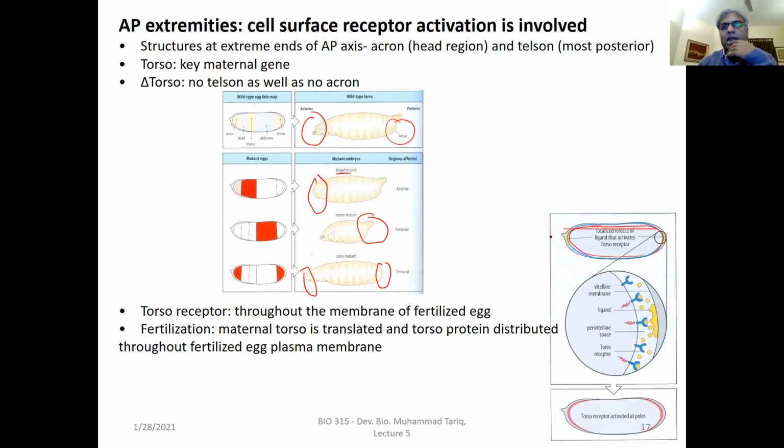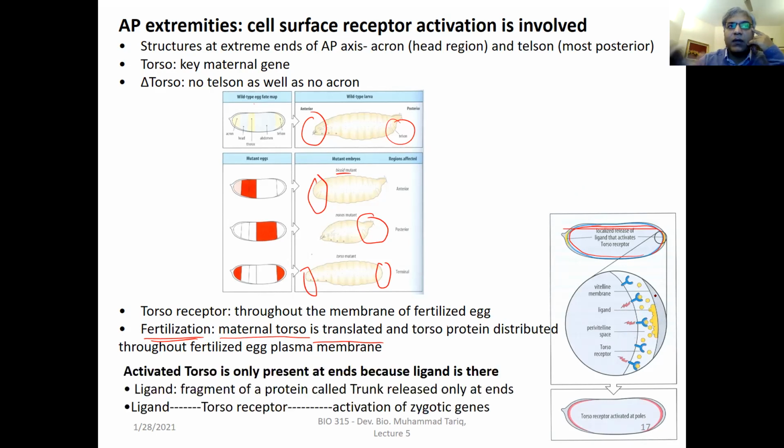Why? What is special there? What they discovered is that after fertilization, when the maternal torso is translated and torso protein is distributed throughout the fertilized egg plasma membrane, the ligand for torso is present only on the two extremes.